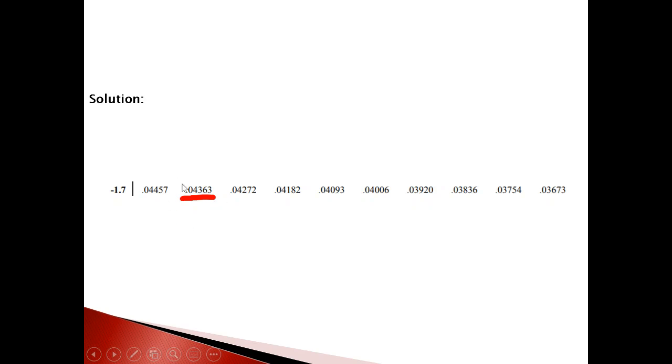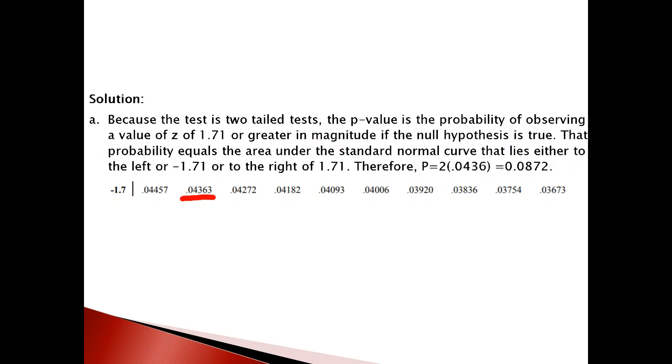Now remember, what is the p-value here? Since we are talking about a two-tail test, we have an area to the left and an area to the right. Because of the symmetry, those two areas are exactly the same. So the p-value here is 2 times this number, 0.0436, which is 0.0872.